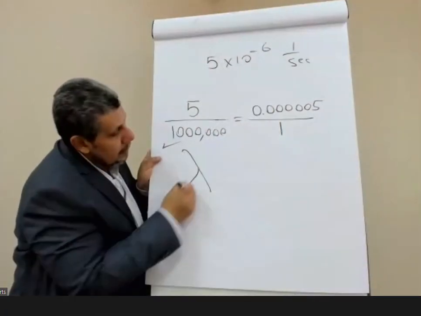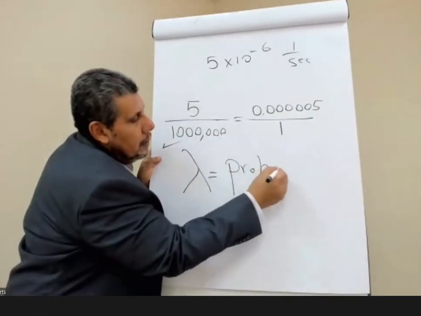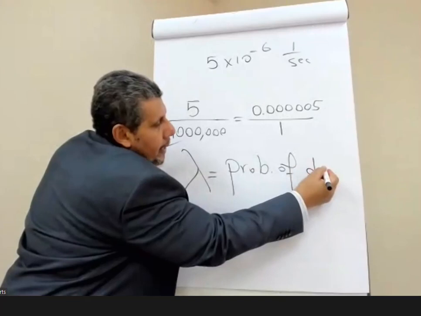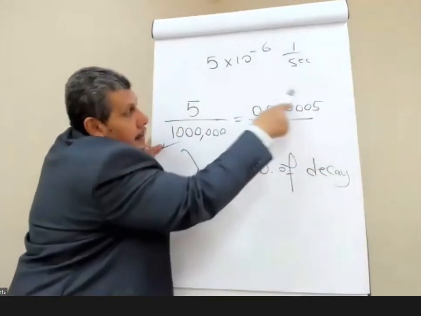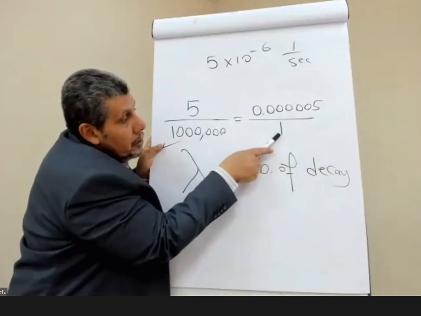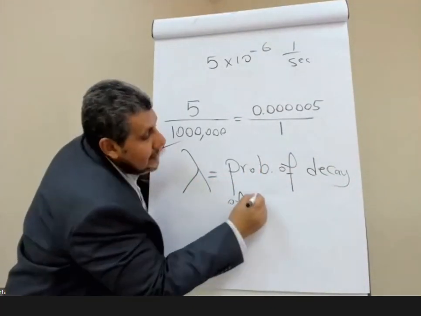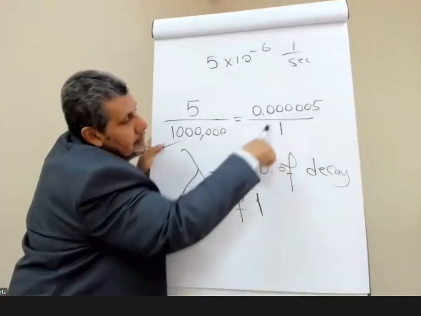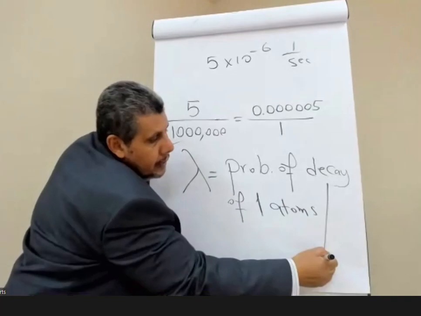So lambda is the probability of decay of one atom in 1 second, per second.